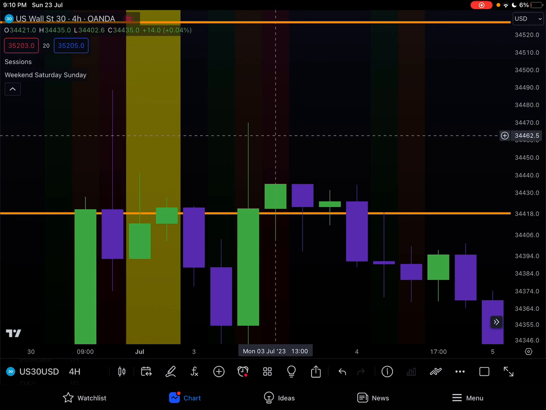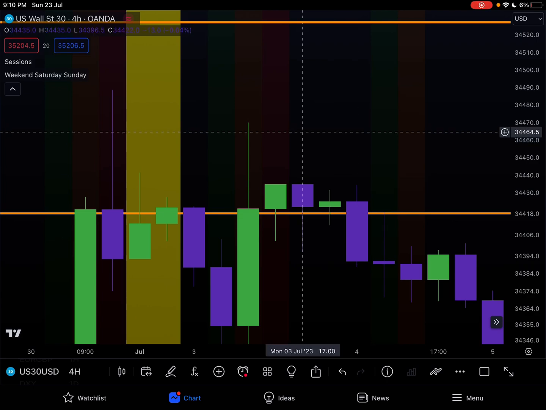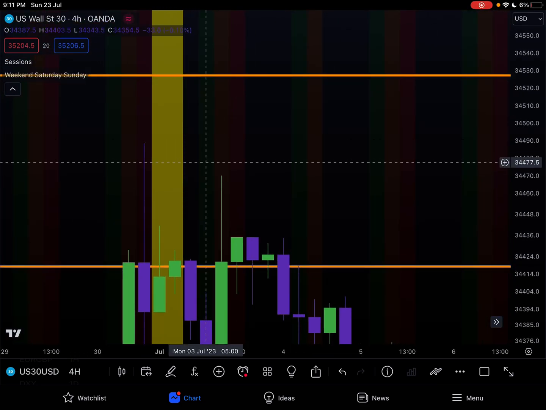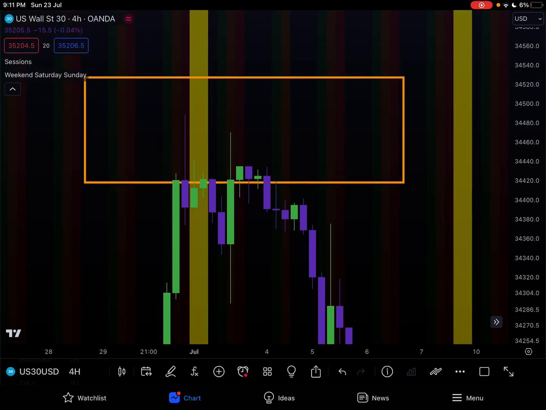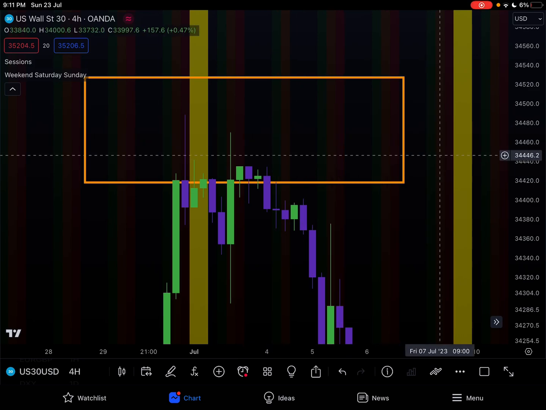And then red is like the ending of New York. And the black space in between is the Asian session for me, okay? So it gives me my time. I can see what time it is automatically.